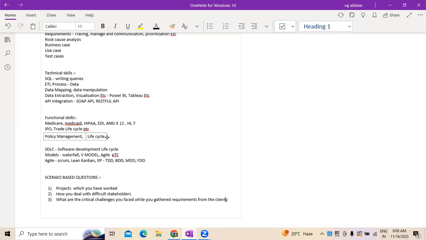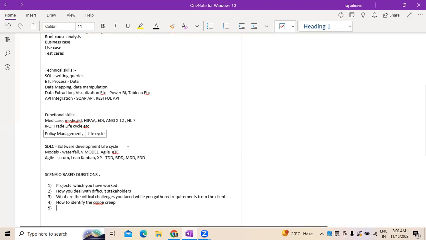Okay, clients. So how to identify the scope creep? Because if there is a scope we have defined for any project, how do we identify the scope creep, all that.